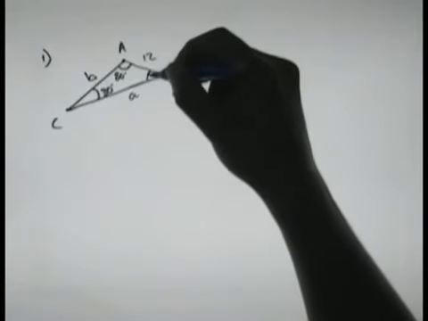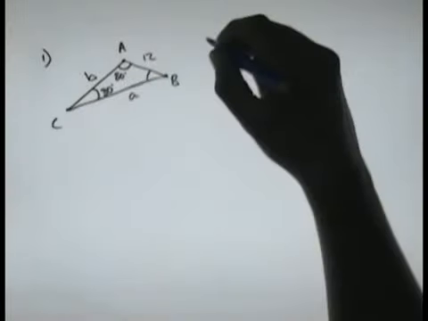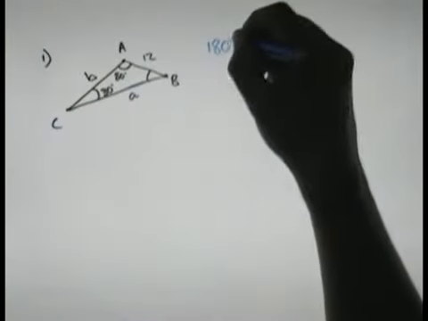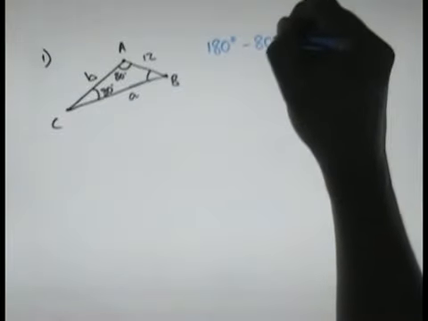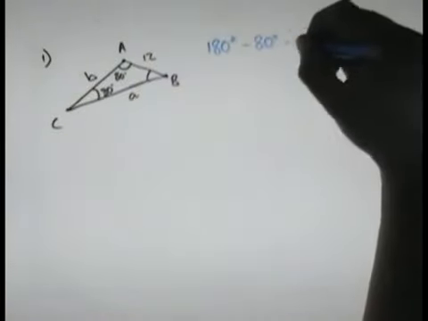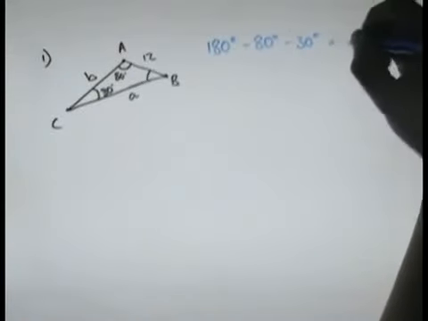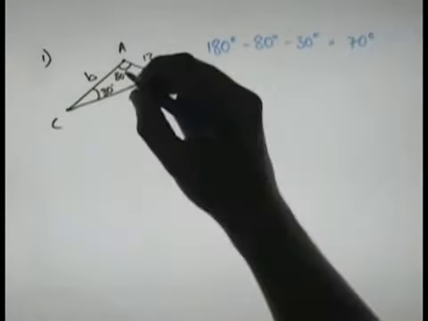You simply have to find B. Now we know that the interior angles of a triangle add up to 180 degrees. That means to get B, we'll just subtract our remaining two angles, which is going to be 70 degrees.